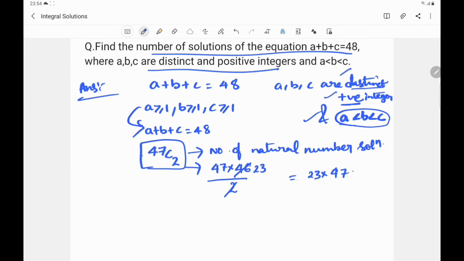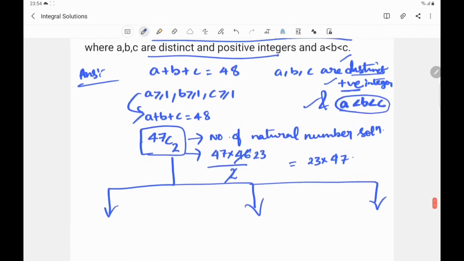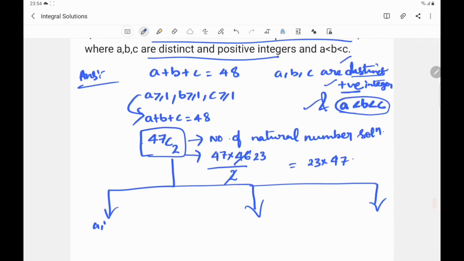Now, out of these many solutions, that is 23 into 47, there will be 3 different scenarios: A, B, C all different, any two same, that is either A is equal to B, or any two of A, B, C are same, or all 3 same.